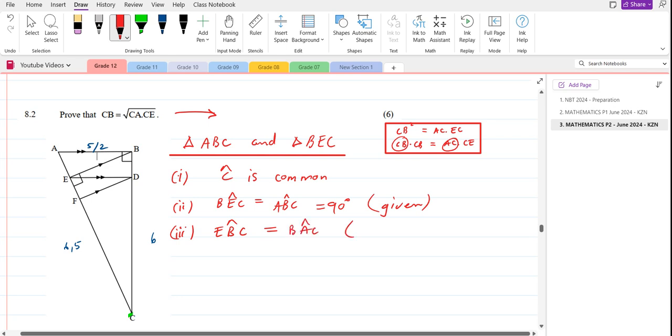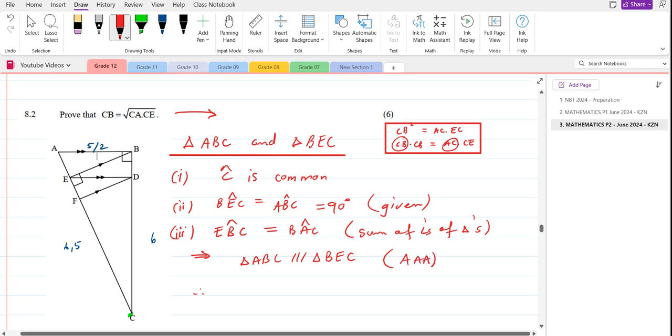That's the remaining angles or sum of angles of triangles. So this implies triangle ABC is now similar to triangle BEC, and that's angle, angle, angle.